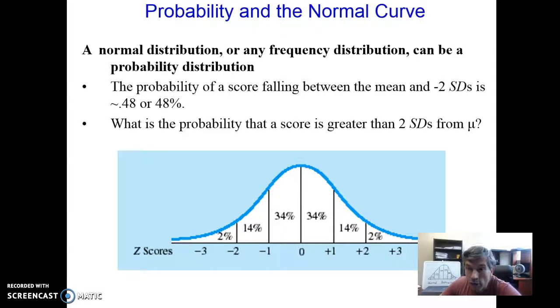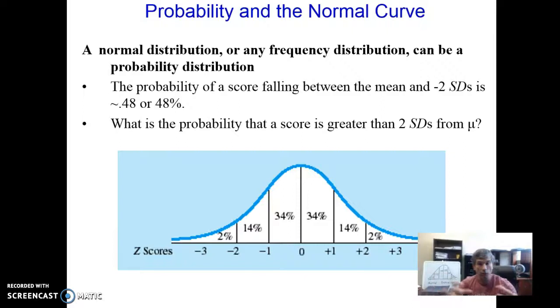So you can answer questions either very precisely using the normal curve table or software, or as a ballpark using this sketch. We're going to do the latter. What's the probability that a score you drew at random from this population would be more than 2 standard deviations from the population mean, from that dead center? Well, look in here. About 2% of people are more than 2 standard deviations above the mean, and about another 2% are more than 2 standard deviations below the mean.